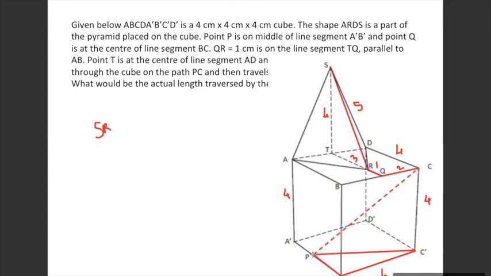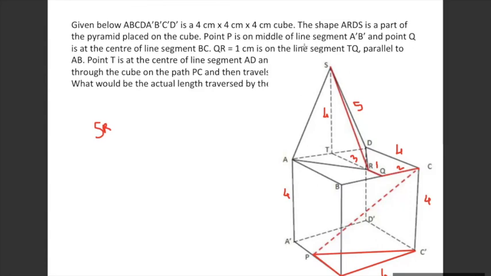Ma'am, we can divide the cube into 2 cuboids and then find the diagonals inside the 2 cuboids. Okay, okay.